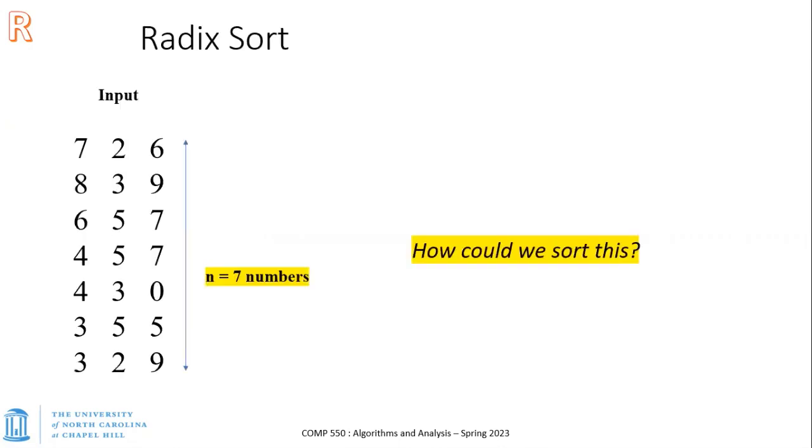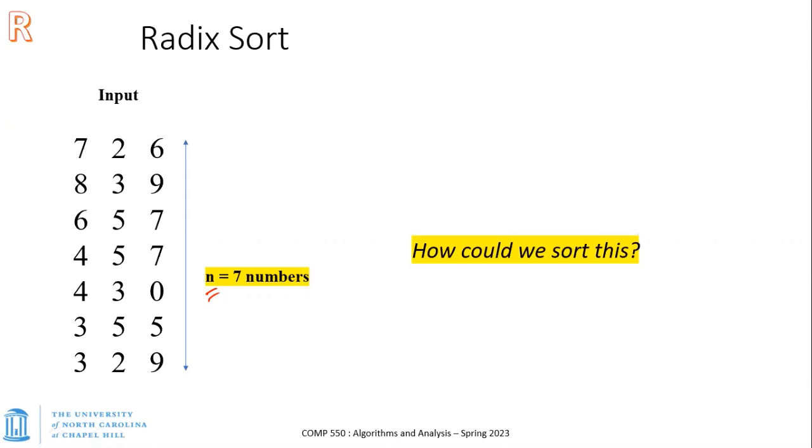So let's make the following assumption: we have n numbers, and we need to sort them. Now we want to utilize the concept that we earlier learned, which is counting sort. So any thoughts on how one could use counting sort, where we're making an assumption that the range of those numbers, k, is limited?